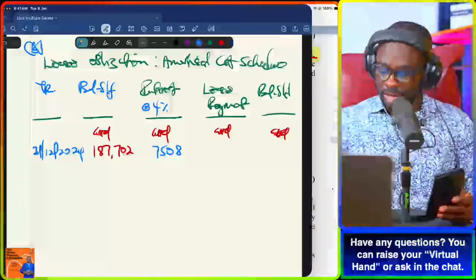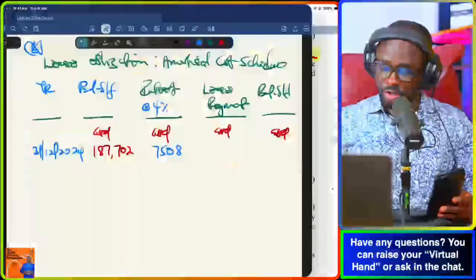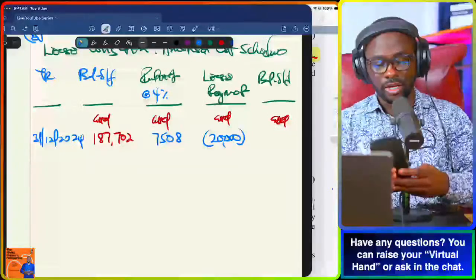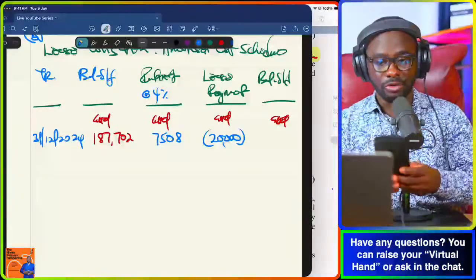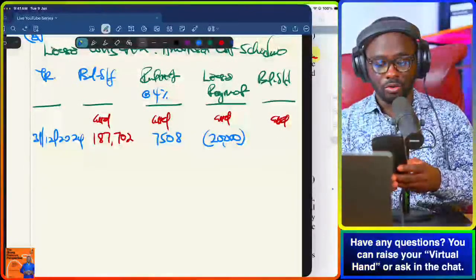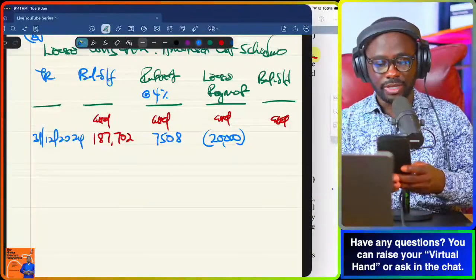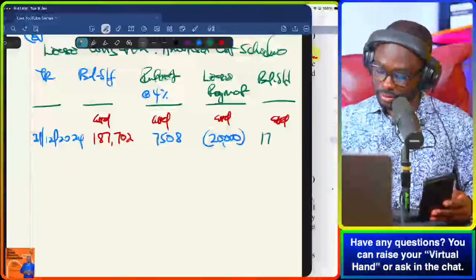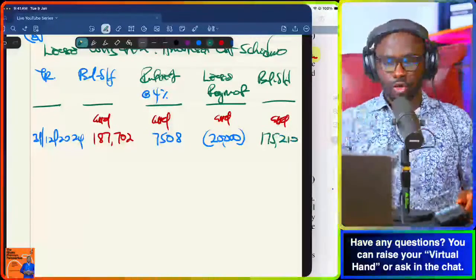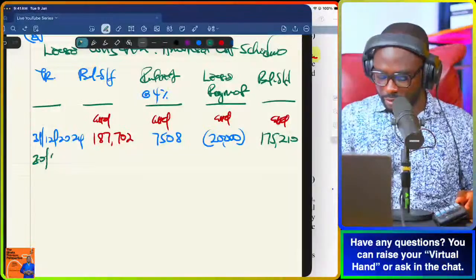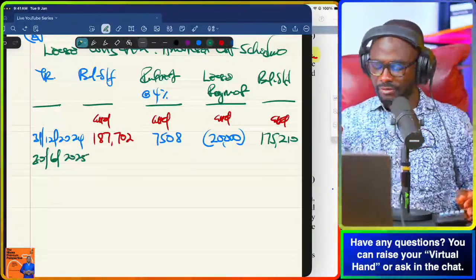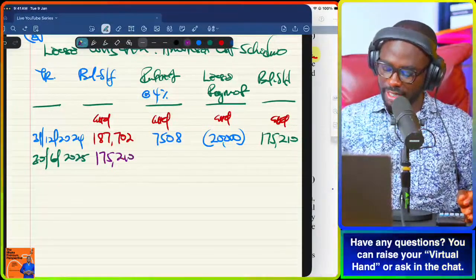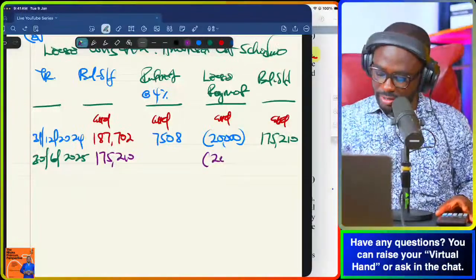The lease payment biannually, we are told, is 20,000. That's going to be subtracted, so we get a closing figure. So 187,702 plus 7,508 minus 20,000, and that is 175,210. So that will come on 30th June 2025 as the opening figure, 175,210.